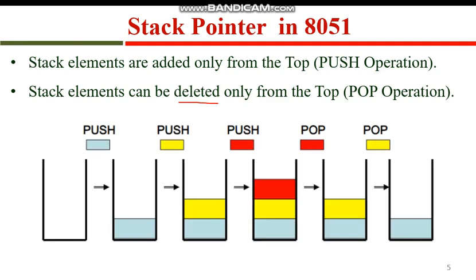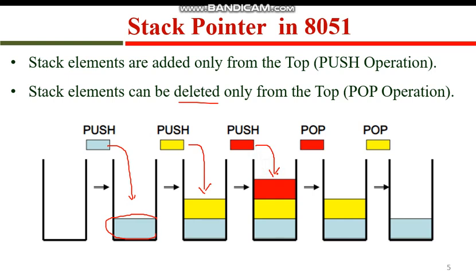So you can see example here. Initially the stack is empty, so first data is entered in stack, that is called as push operation. Then second element is added in stack using push operation. Then third is added in the stack using push operation.